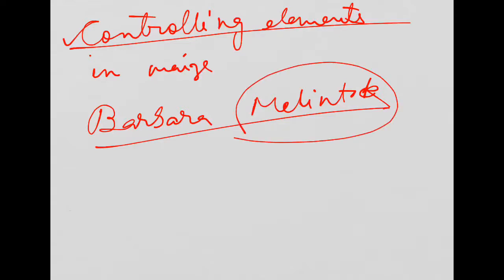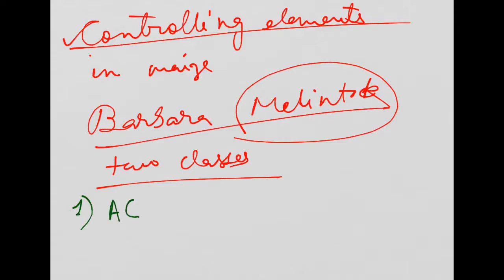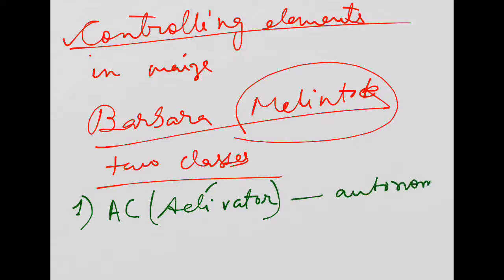There are two classes of controlling elements. First is the AC or activator elements. These are autonomous controlling elements.